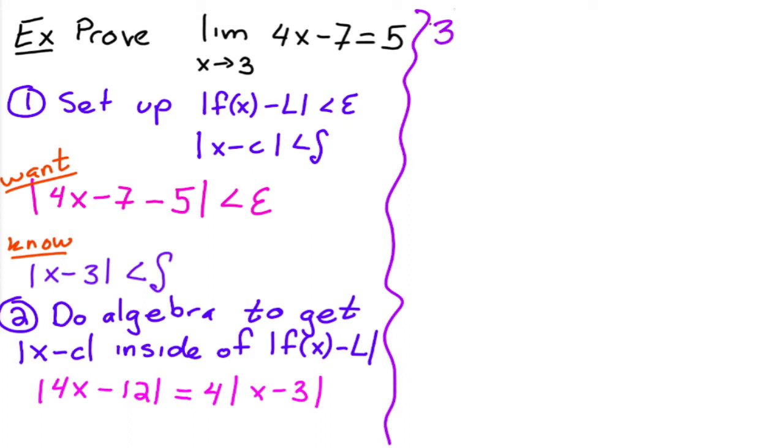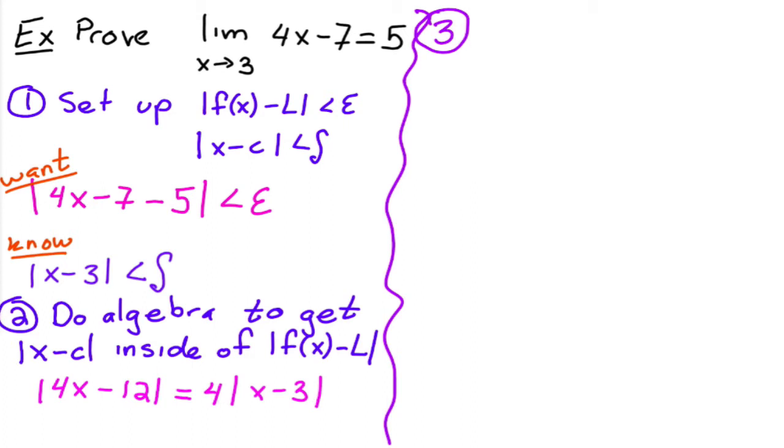I'm going to leave step 3 here. But step 3 is only necessary if you don't have a constant times your x − c. If, like in this case, we have a constant times x − c, then we skip step 3.